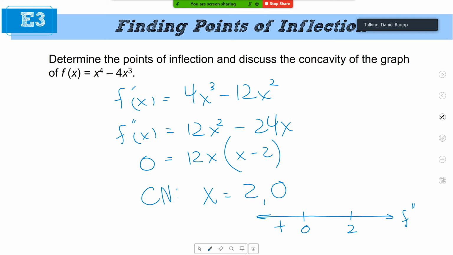And then I put in 1 and I got a negative value for that. And then I got a positive value when I plugged in 3.